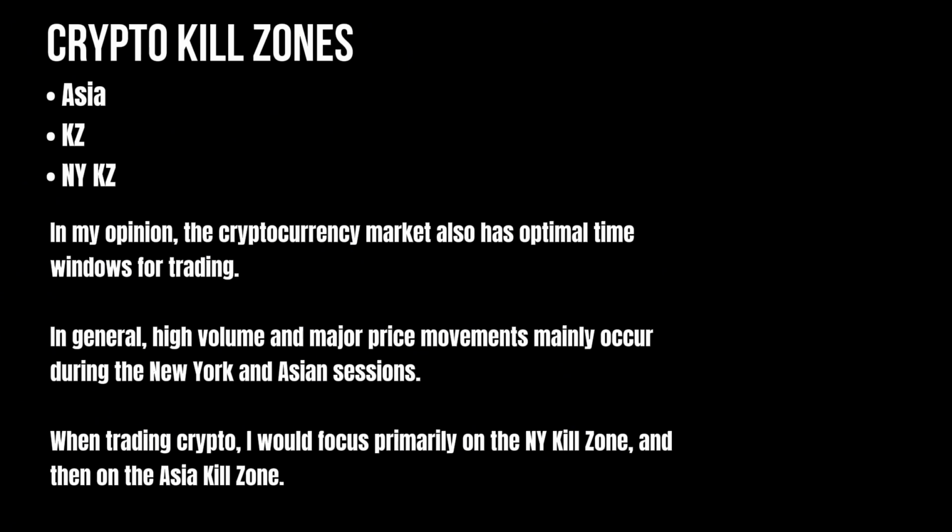I traded cryptocurrencies in New York and Asia, and it was much better than trading in London. The probability of creating setups and their processing is much better than in the London session. But I also have another theory that cryptocurrency kill zones are connected to, and exactly the same as, the kill zones of indexes. And now we will talk about them.